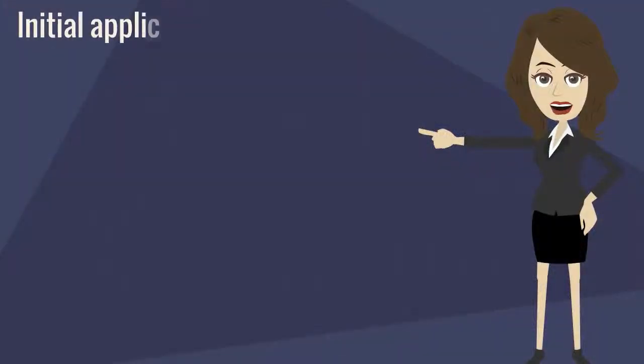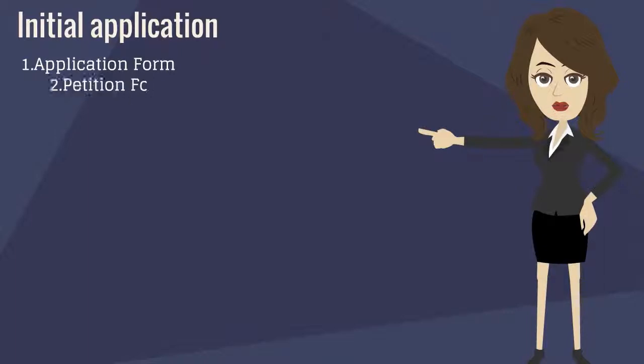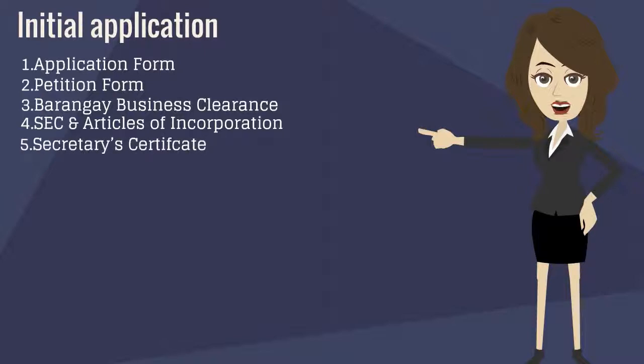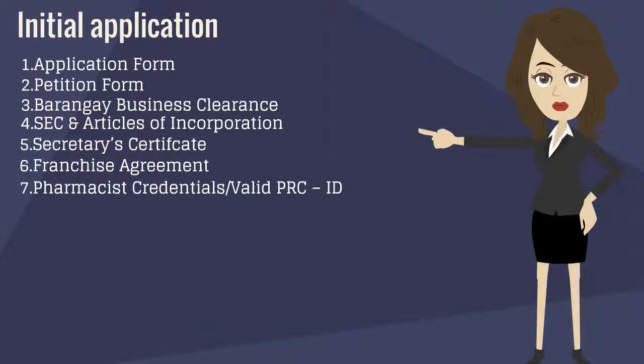For initial application we have 14 requirements. The following is the list of documents for submission. 1. Application form. 2. Petition form. 3. Barangay business clearance. 4. SEC and articles of incorporation. 5. Secretary's certificate. 6. Franchise agreement. 7. Pharmacist credentials. 8.